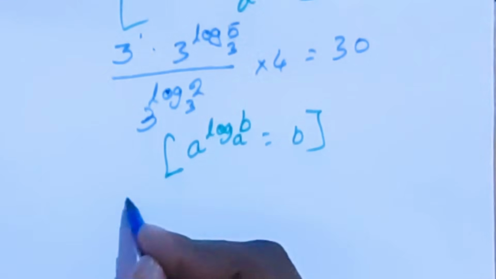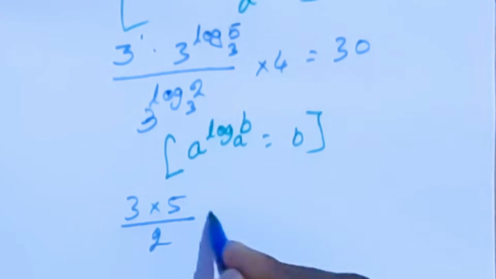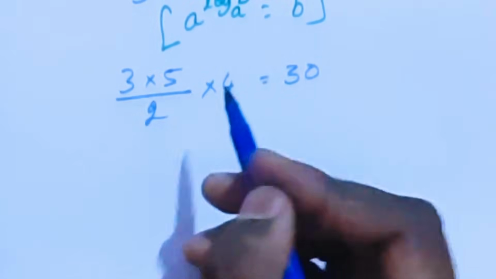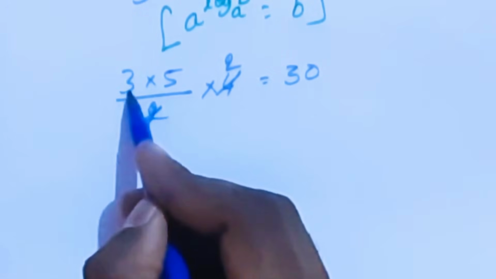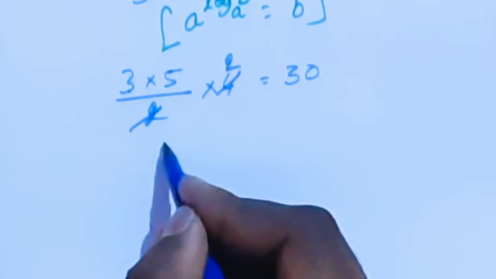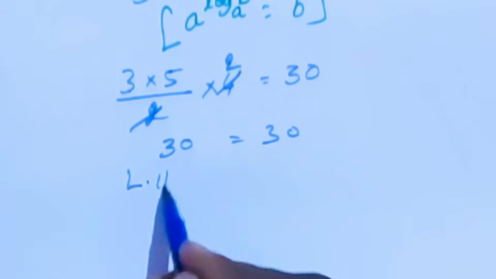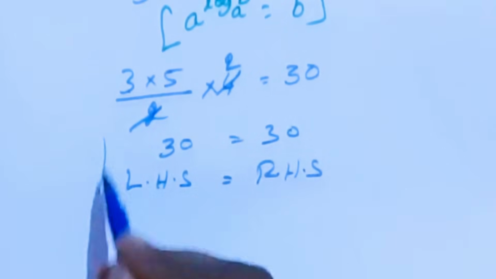So 3 times 5 by 2 times 4 equal to 30. Now this cancels here. Here it is 2. So 3 times 5 is 15 times 2 is 30 equal to 30. So LHS equal to RHS.